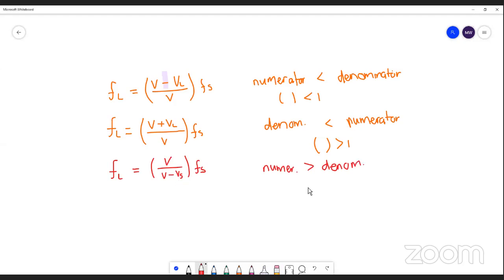And that means that your brackets will have a positive value, greater than 1.